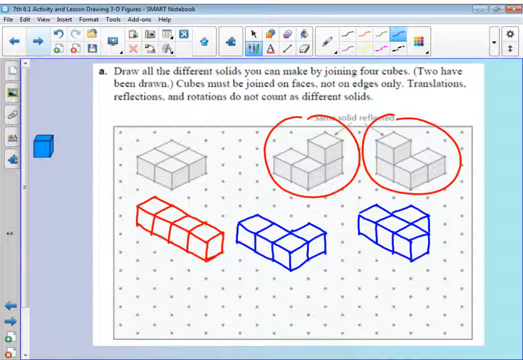I don't know if that's right. I guess that kind of looks like it. So you've got that 1 block sticking out in the middle instead of the end. That's pretty much all of them I have, and you might be able to come up with some other figures, but I think that's most of them.